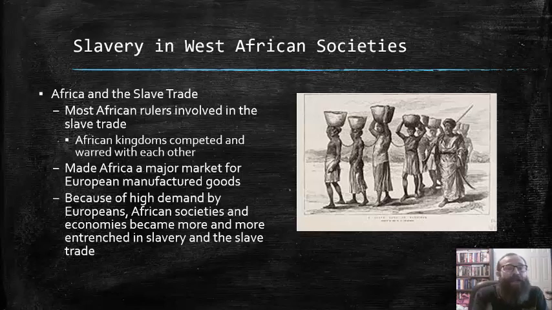Because of the high demand by Europeans, African societies and economies became more and more entrenched in slavery and the slave trade, and lots of riches were accumulated to many of these African kingdoms because of their participation in this slave trade.